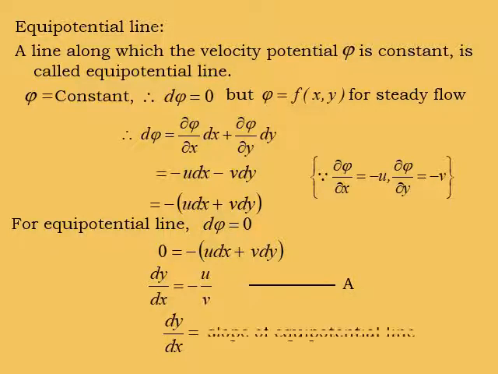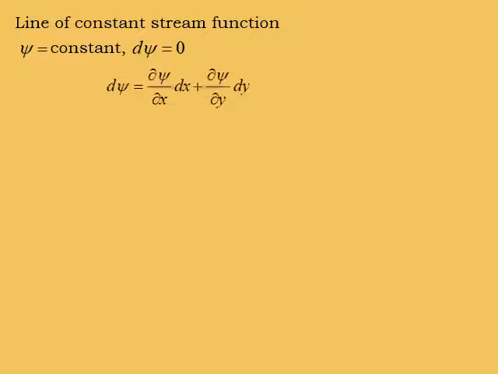dy/dx is equal to the slope of the equipotential line. Now consider a line of constant stream function. ψ is equal to constant, that is dψ is equal to 0.